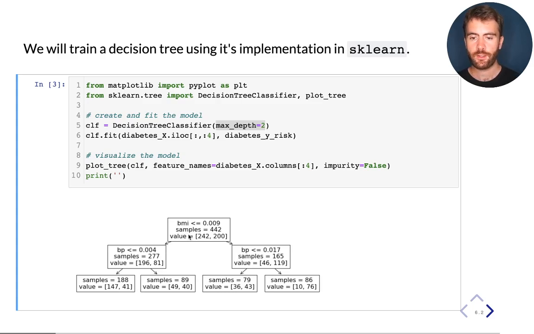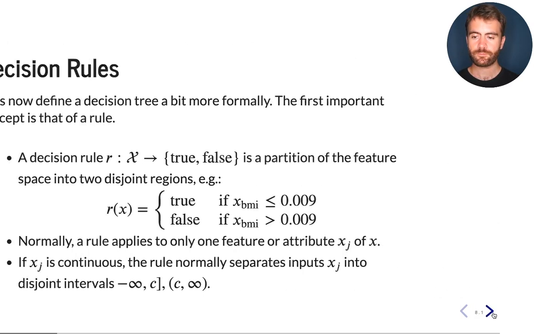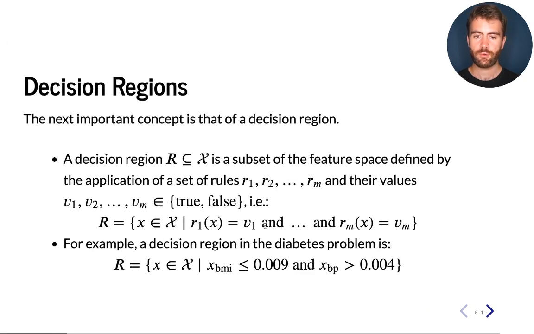I have one rule at the root, and then another rule applied at the second level. So the sequence of these 2 rules has 4 possible values, and there are 4 possible regions in which I can end up. So these are rules. These are regions.